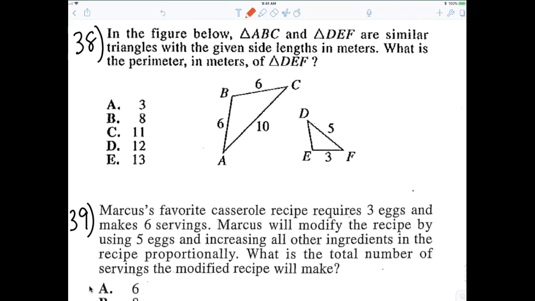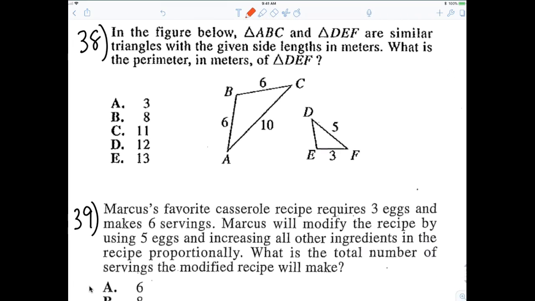All right, next. It says in the figure below, ABC and DEF are similar triangles. Uh-oh. But it says, what is the perimeter? Underline, what is the perimeter? So that means you've got to add all the sides up. Well, if we want the perimeter of DEF, I would circle that so I don't make a mistake and do the other one.